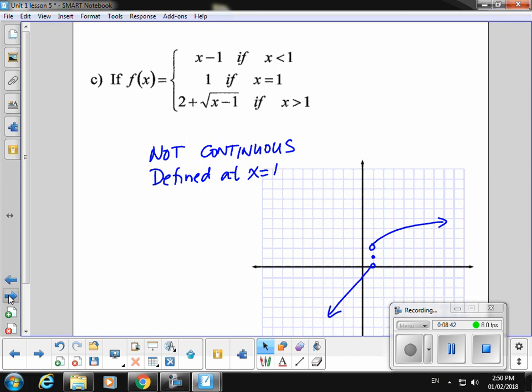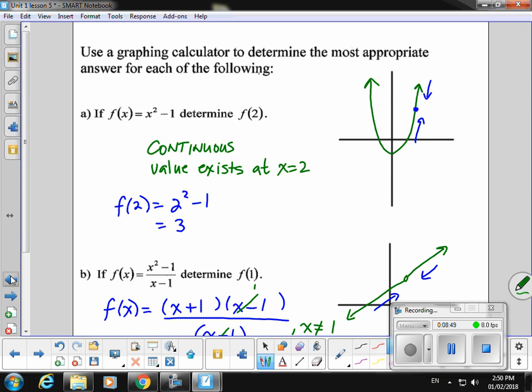So the first one was continuous and defined and has a limit at x equals 2. You can see that it approaches the same value from the right and from the left.